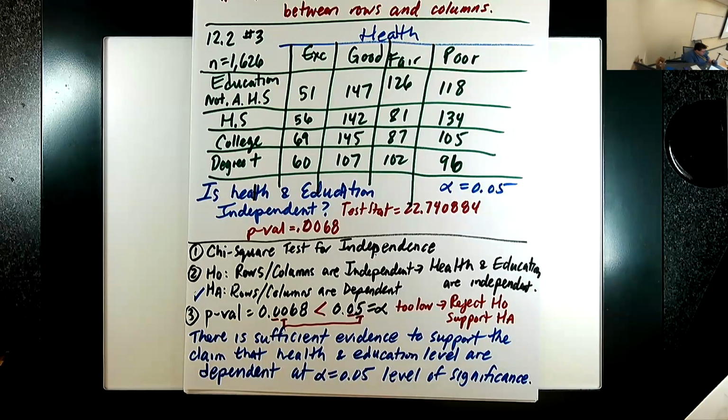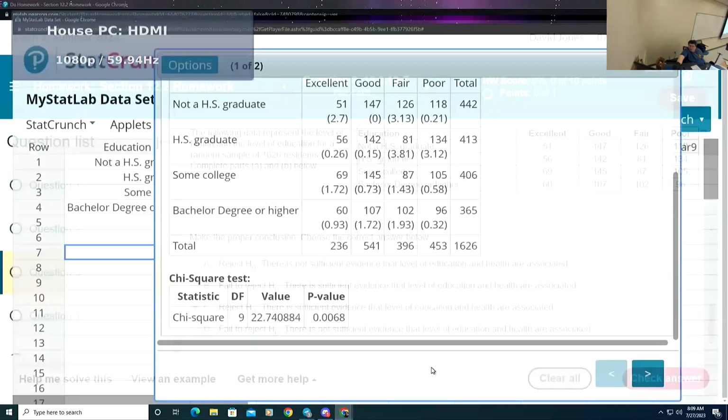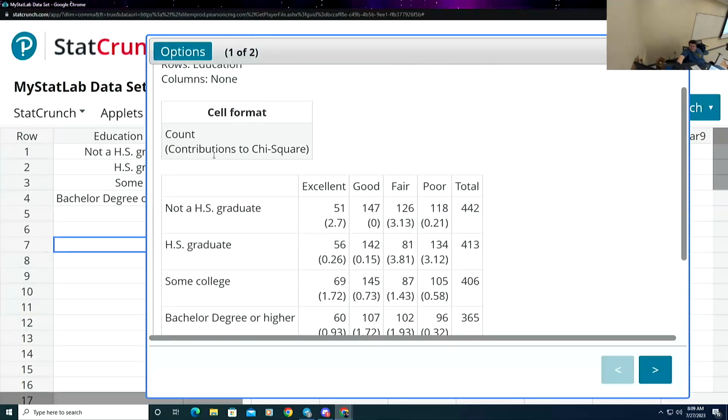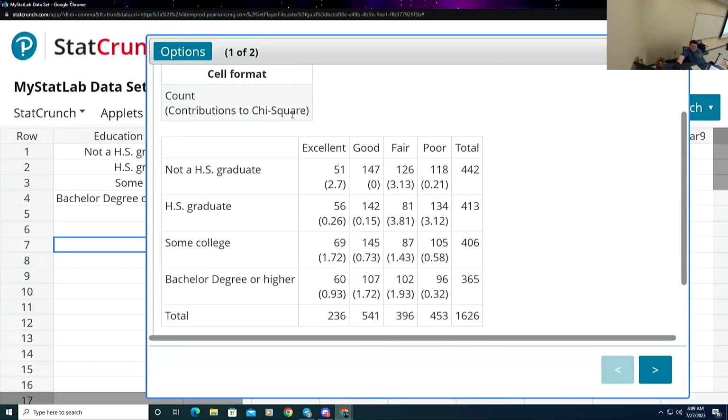Eyeballing it is not necessarily as easy as going through and putting it in StatCrunch. StatCrunch will show you, let me bring that back up. I did contributions to chi-square.